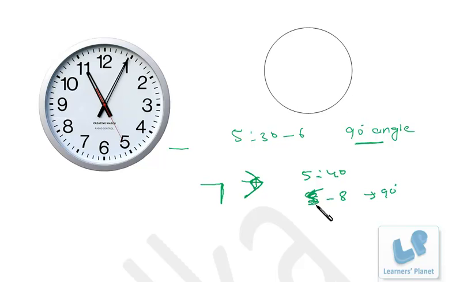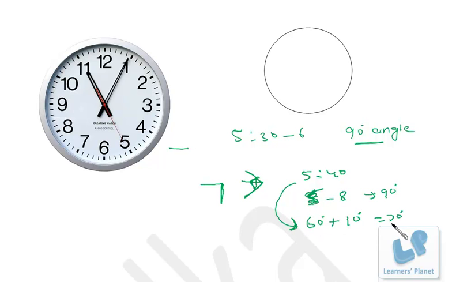It will be 40 minutes ahead of 5, isn't it? So at 5:40, what will be the angle? It's from 6 to 8, 30° each hour, so 60°, plus 20 minutes, that means 10°, so it's 70°. So at 5:40, the angle between both the hands is 70°.